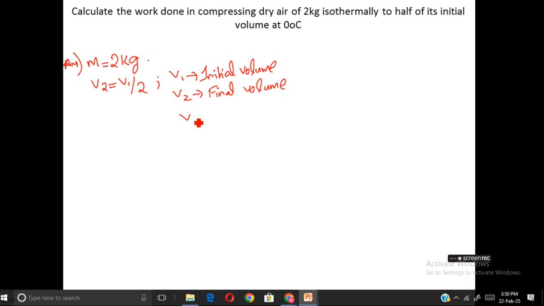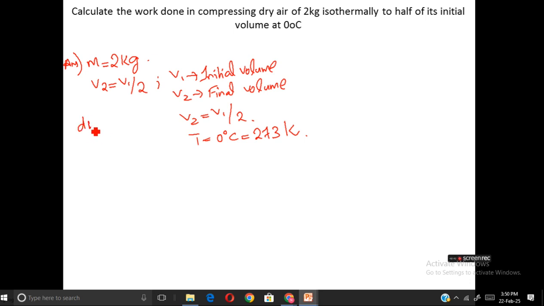It is given that V2 is equal to V1 by 2, so the final volume is half of its initial volume. And the temperature is given as 0 degrees Celsius or 273 Kelvin. So we have to find the work done.